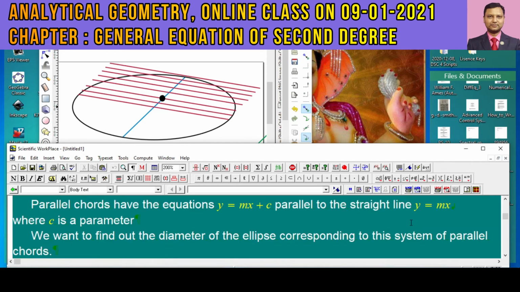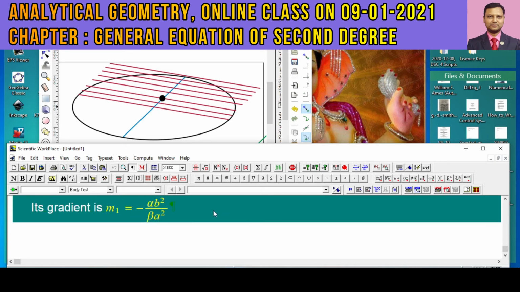Parallel to this straight line y is equal to mx, and therefore all such straight lines must have gradient equal to small m. Therefore this gradient m1 should also be equal to small m.